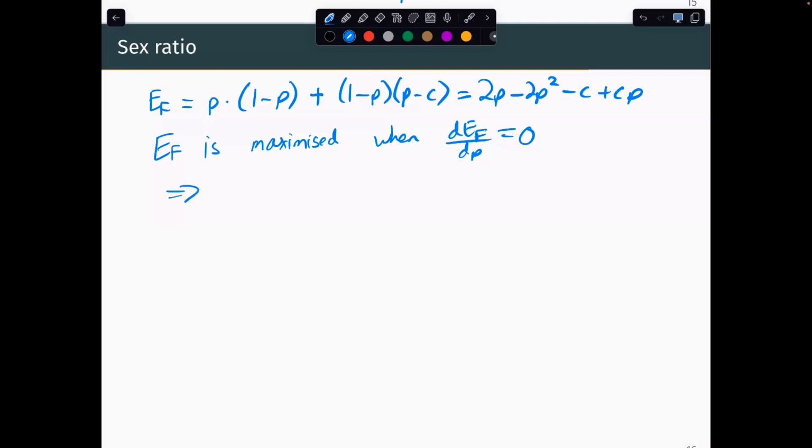Okay, so taking the derivative of this, we're going to have 2 minus 4p plus c must equal 0. So this is just the derivative of EF with respect to p. So rearranging for p, we're going to get p is equal to 1/2 plus c over 4.